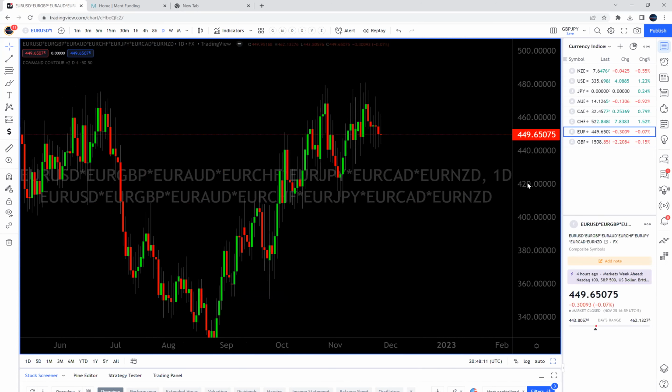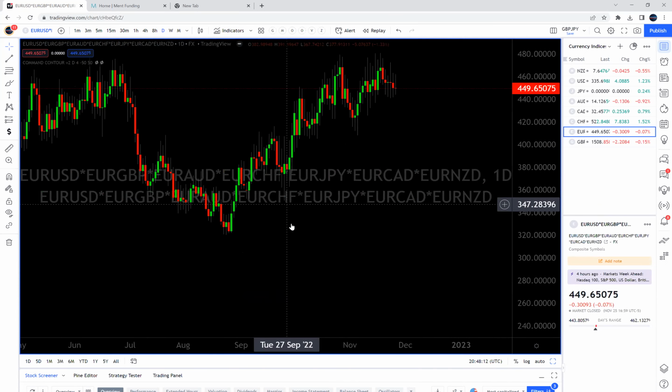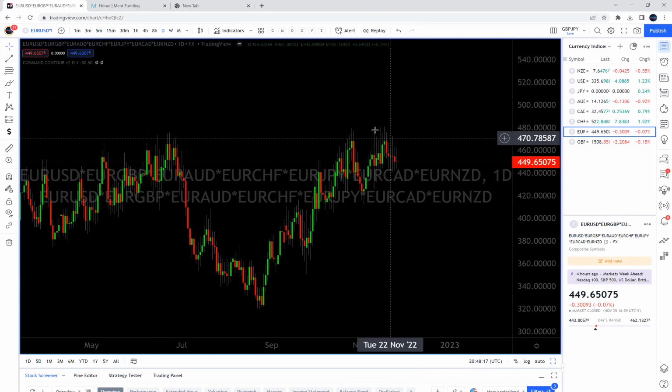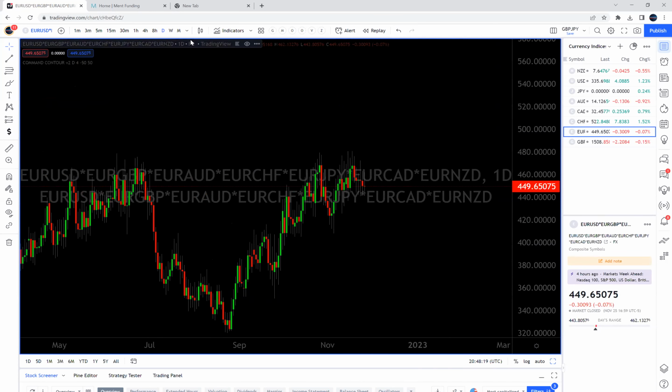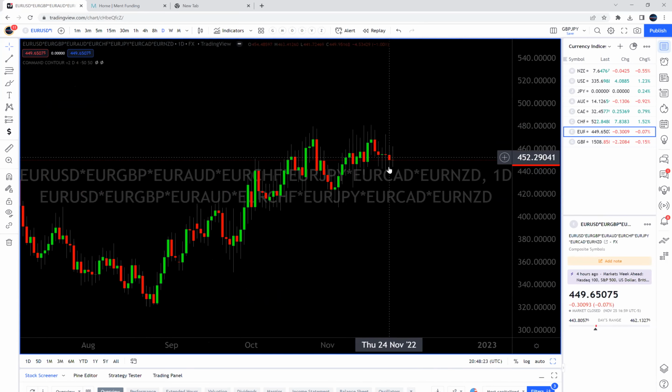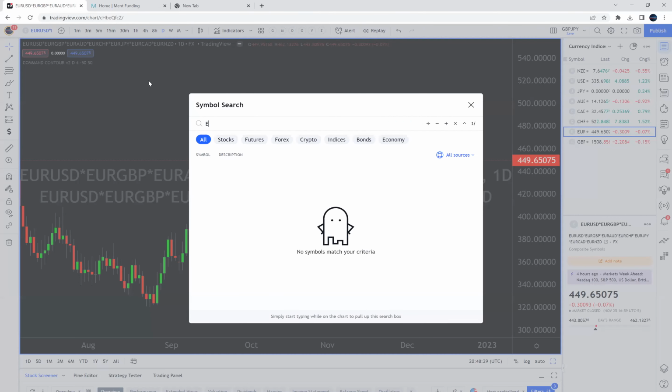And notice I'm on the daily chart. So overall, it was buying, so that Euro USD was pushing up. Now, it may have been a bit choppy for the past few days, but we could check that. Euro USD.